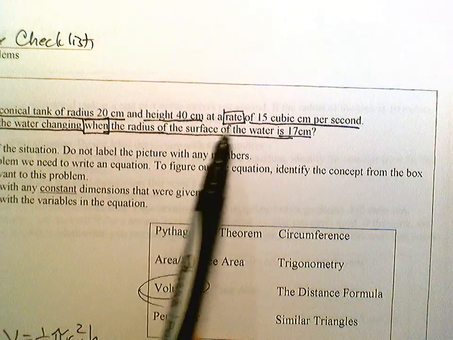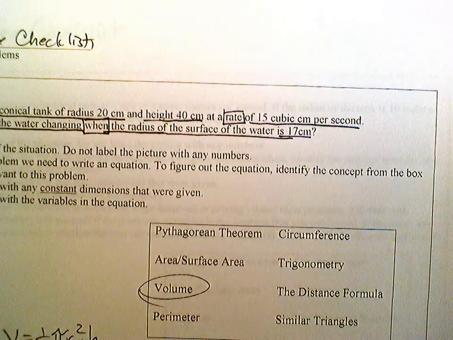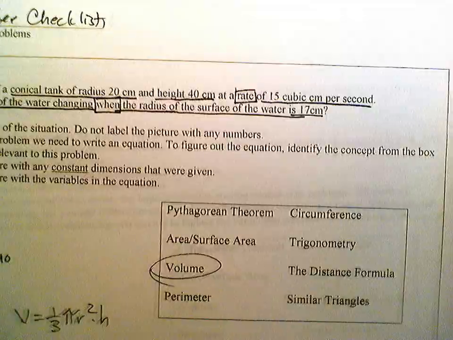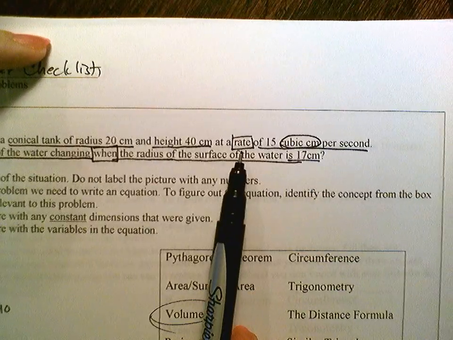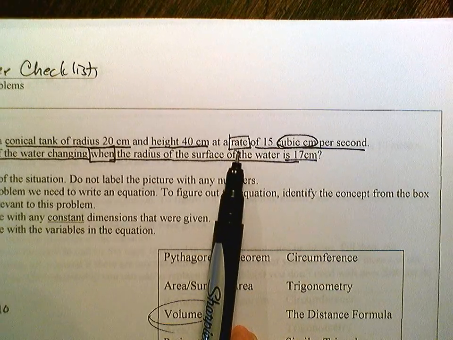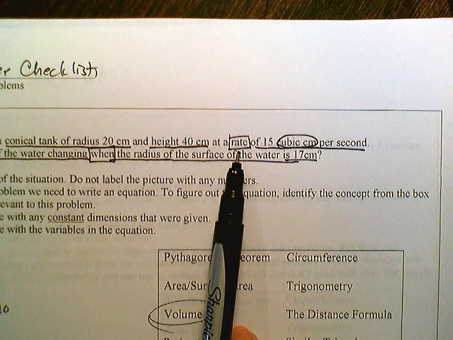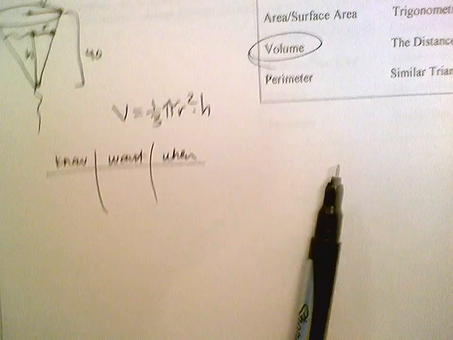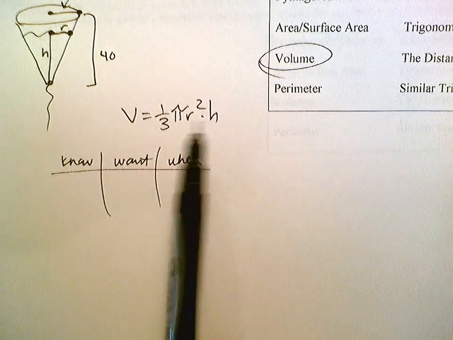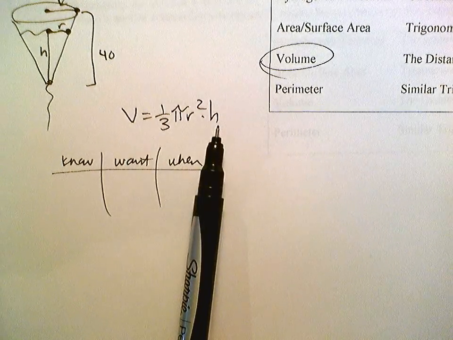Water is leaking out of a conical tank at a rate of 15 cubic centimeters per second. You may ask yourself, what does this rate pertain to? Is it the rate of change of the volume? Is it the rate of change of the radius? Is it the rate of change of the depth of the water, or the height? Because those are the three variables involved.